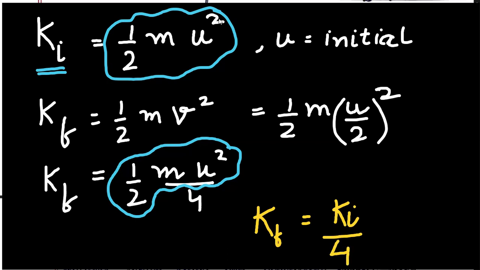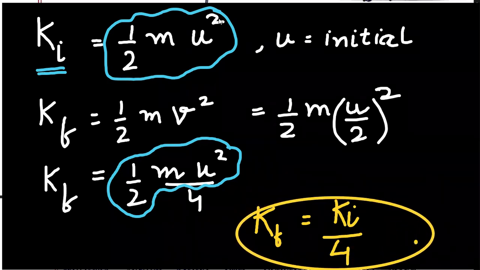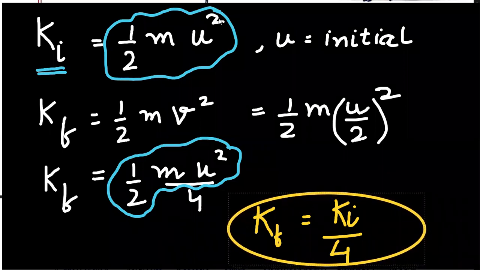That means that when you halved the velocity, kinetic energy became 1/4. So this is your question number 11. Such questions need to be done in this manner. Is it fine? Very good.